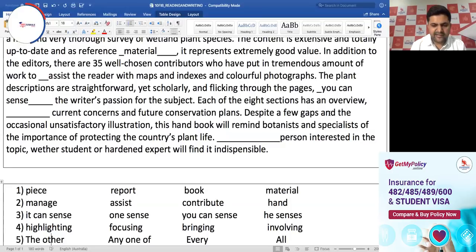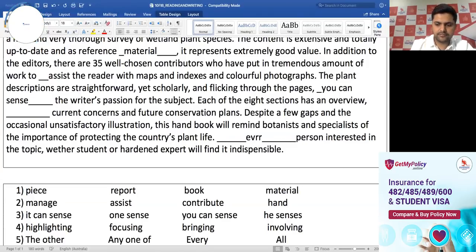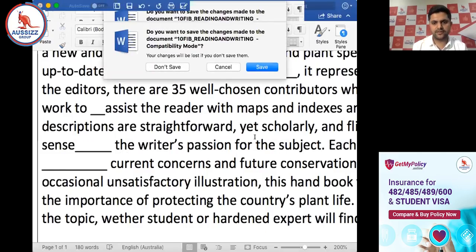"All" would come with a plural, or "any one" of the same thing. So every is the only option over here. So every would be your answer. All right. So these were the answers for this particular blank.